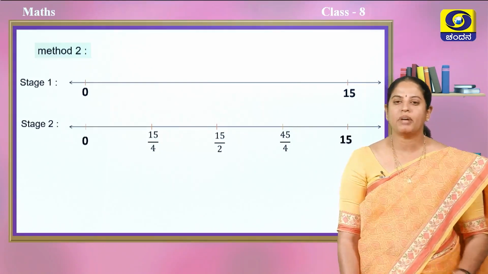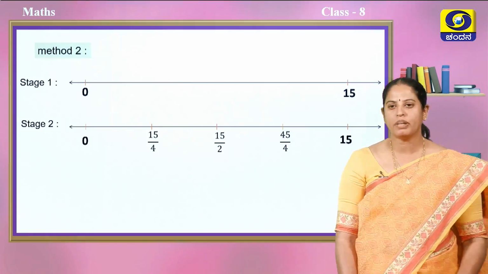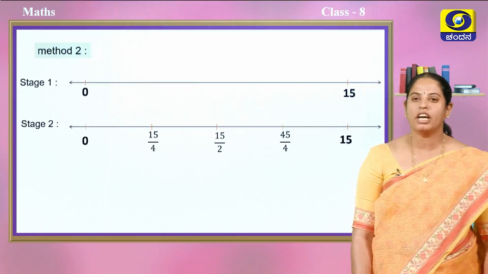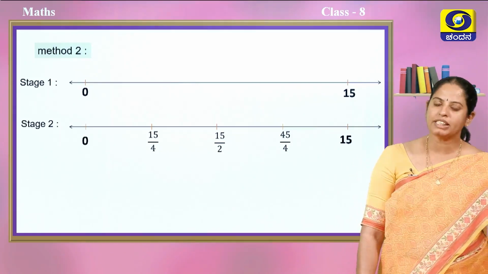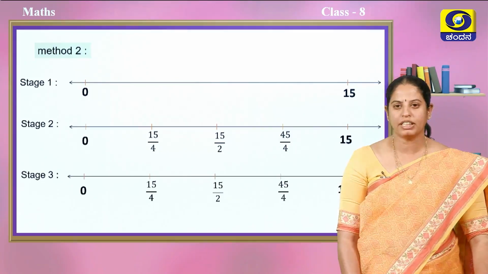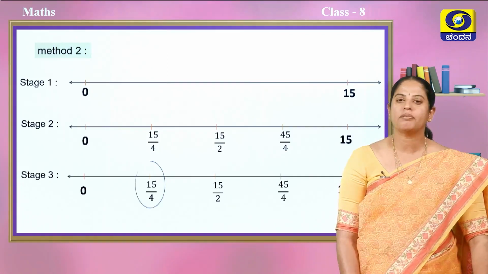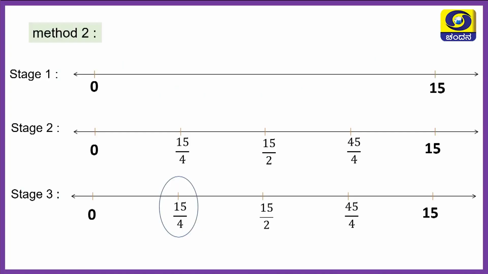Now, each part is 15 by 4, 15 by 2, 45 by 4. Now, you got the place of 15 by 4. Yes, this is the 15 by 4 place on the number line. This is one more method of representing rational numbers on number line, children.